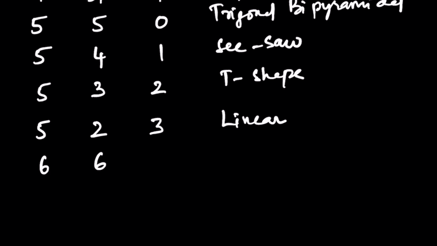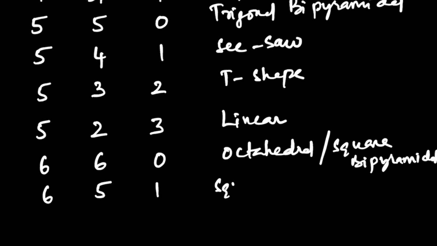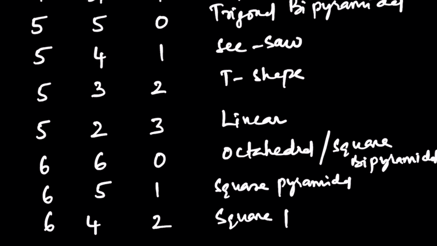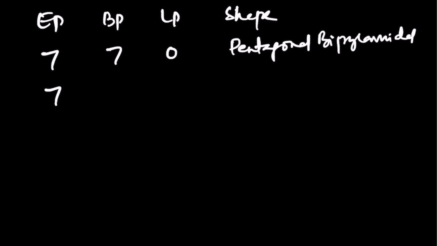6 electron pairs, 6 bond pairs, 0 lone pairs, octahedral, also called as square bipyramidal. 6 electron pairs, 5 bond pairs, 1 lone pair, then it is square pyramidal. 6 electron pairs, 4 bond pairs, 2 lone pairs, then it is square planar. 7 electron pairs, 7 bond pairs, 0 lone pairs, then it is pentagonal bipyramidal. 7 electron pairs, 6 bond pairs, 1 lone pair, it is distorted octahedral.